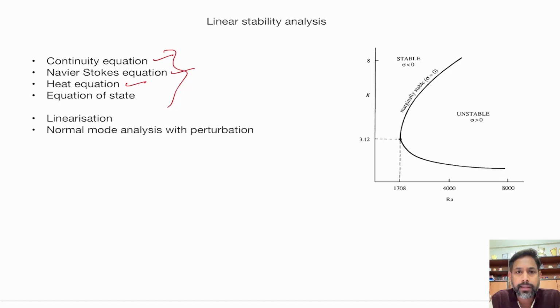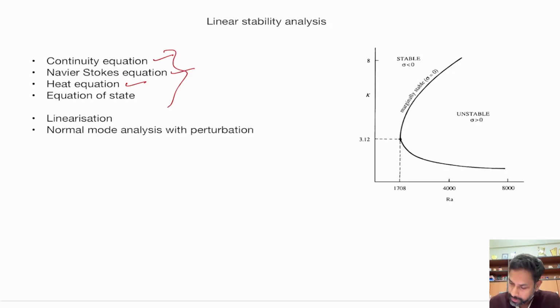So the analysis here is obviously much more complicated than what we should be doing here, and that's why I'm not showing the complete analysis. We are only going to talk about the critical numbers or behavior of convection depending on different dimensionless numbers.